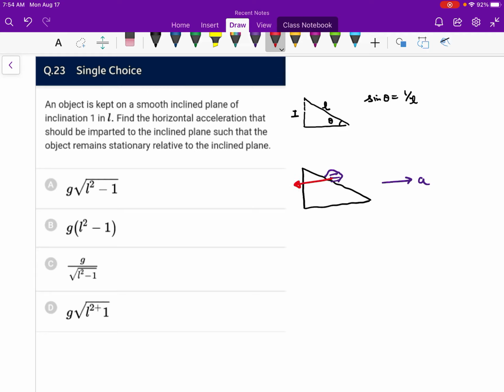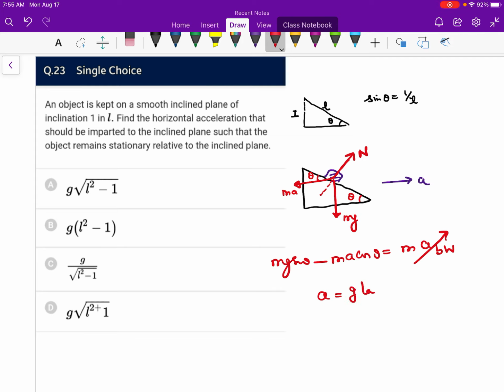In the frame of the inclined plane, the object experiences pseudo force ma, mg, and normal reaction. If this angle is theta, this angle is also theta. So mg sine theta minus ma cos theta is mass times acceleration of block relative to the wedge, which is 0. So a is g tan theta.